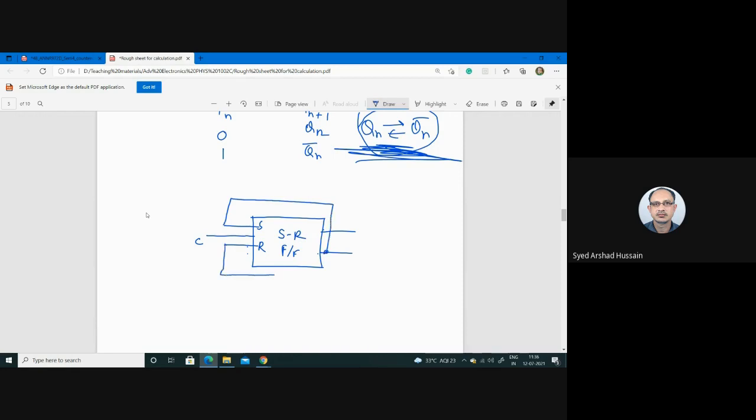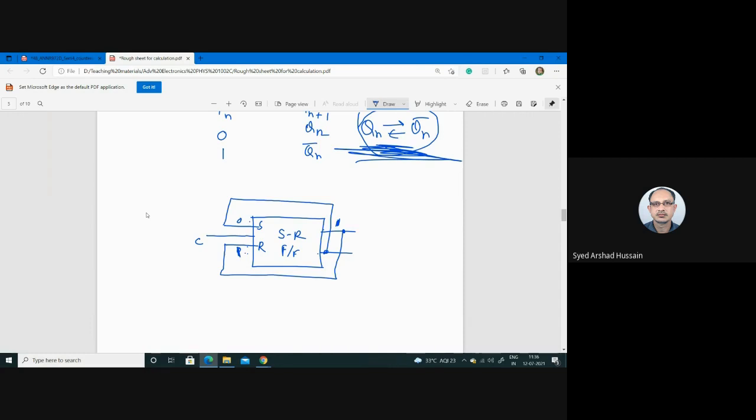Like this. So whether it is active low or active high, it doesn't matter. If say you give 0 and 1, because if it is active low, it means earlier it was 1 1, then no change.